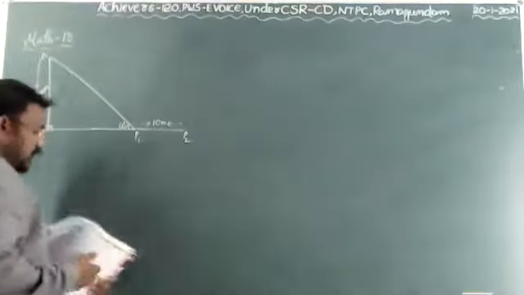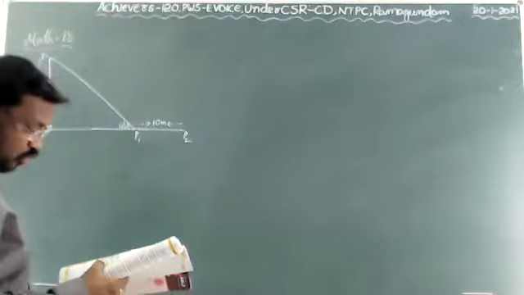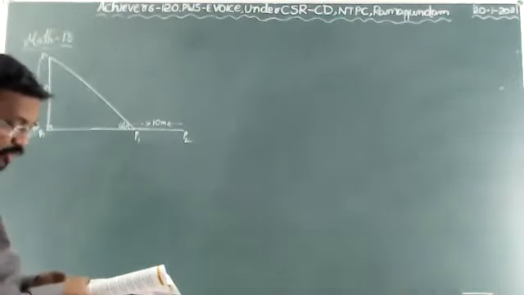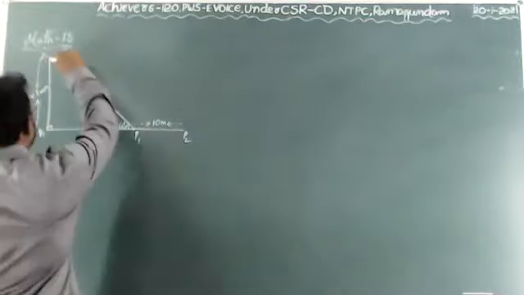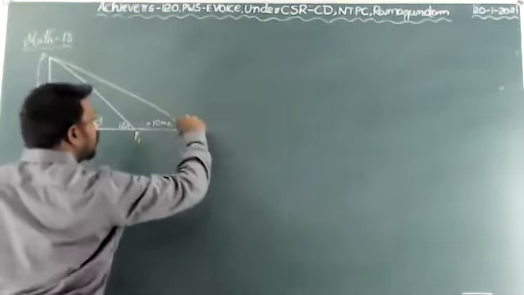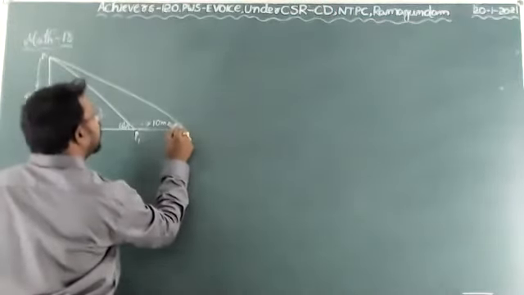On the line joining this point and the foot of the tower, the angle of elevation of the top of the tower is 30 degrees. See here, the angle of elevation is 30 degrees.